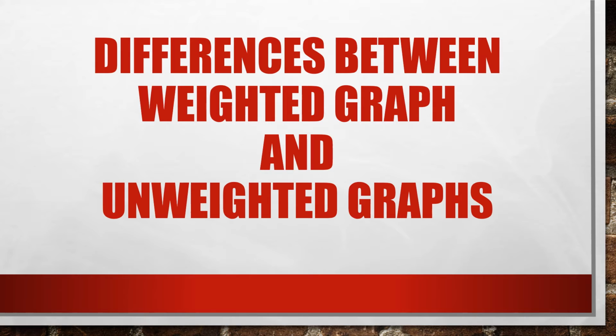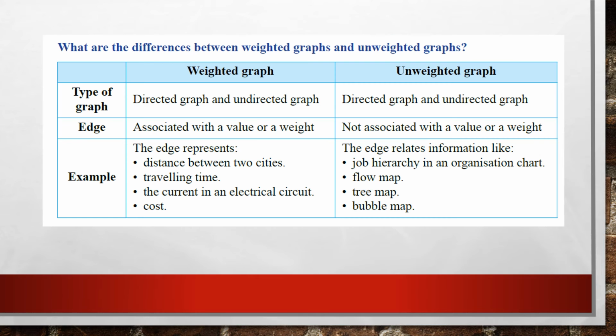Next, we look at the differences between weighted graph and unweighted graph. You can refer to this table in your textbook at page 137. The first type of graph for both is the same. For weighted and unweighted graphs, you can use a directed graph or an undirected graph.